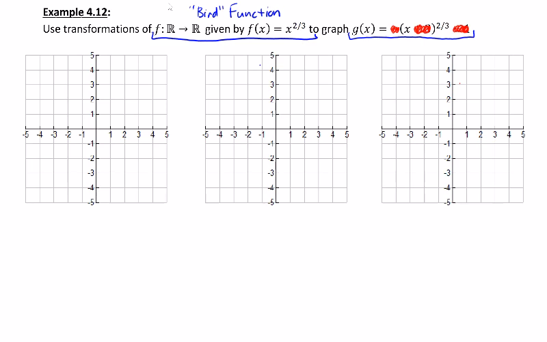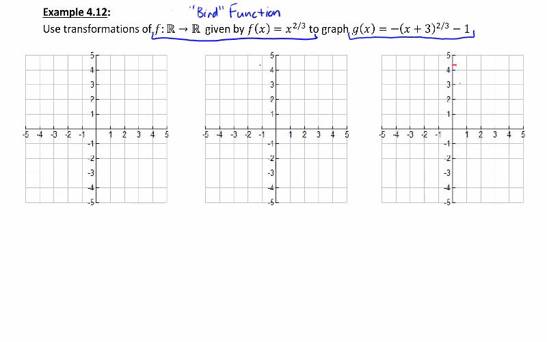So on this one, I actually don't really have to figure that out because I was already told that I was supposed to be using the bird function, but it's good to see the connection with example 4.11. And if you can do that, that means that you can also identify what transformations you need to apply.